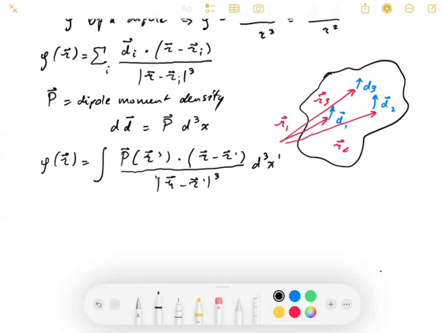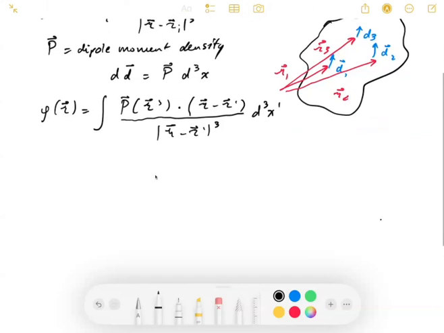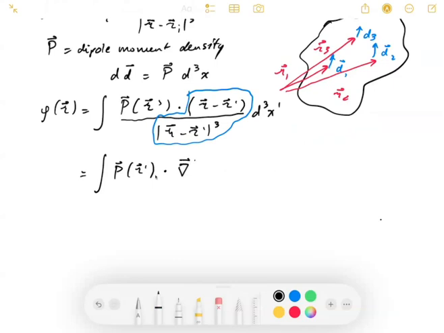Okay. Now, we have used the following identity a couple of times. This thing here, you can actually write as the gradient of 1 over the distance. So we're going to rewrite this. We still have the P that remains unchanged. And then we're dotting that with the gradient, and it's the gradient with respect to the primed coordinate. That's why the gradient has that prime on it.